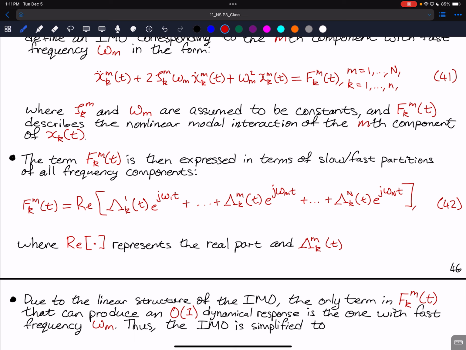And so here we're simply breaking it up into a fast oscillation, the e to the j omega t, multiplied by a slow amplitude, that lambda term. And then we're saying that there's a term for every single component or mode that occurs at that degree of freedom.